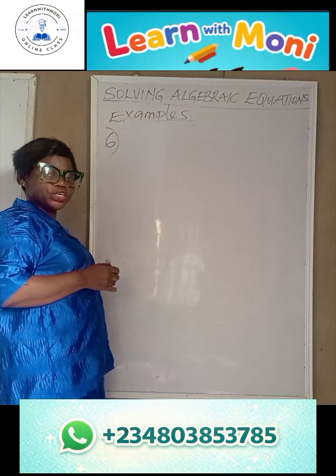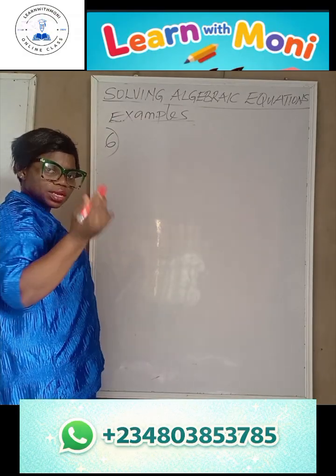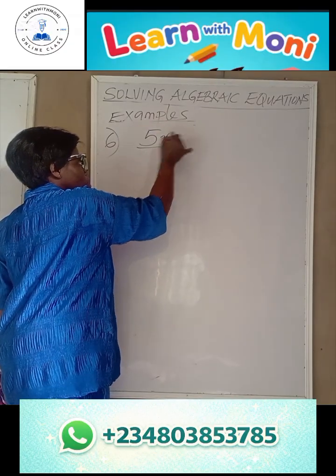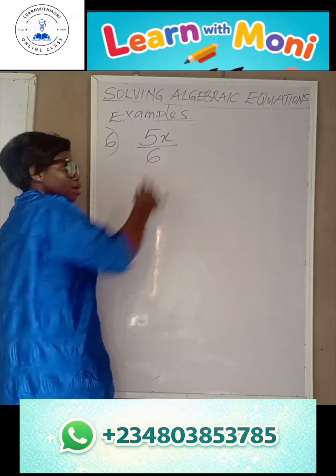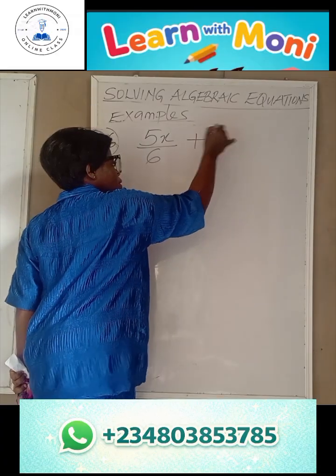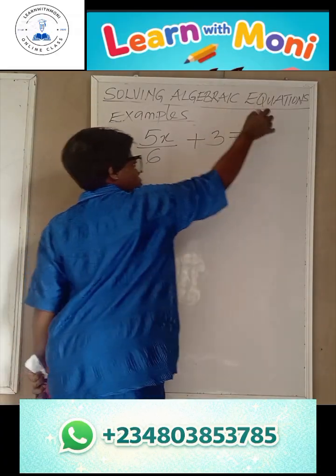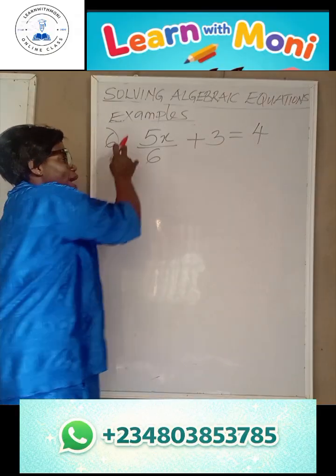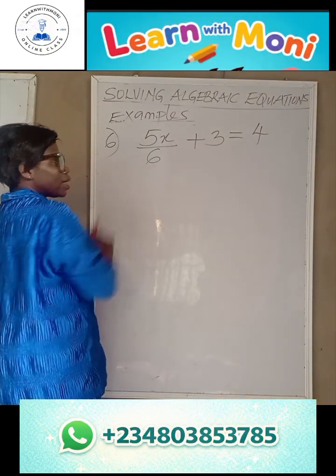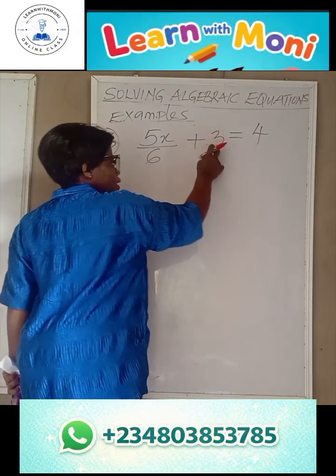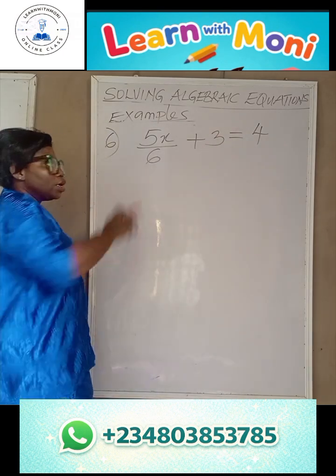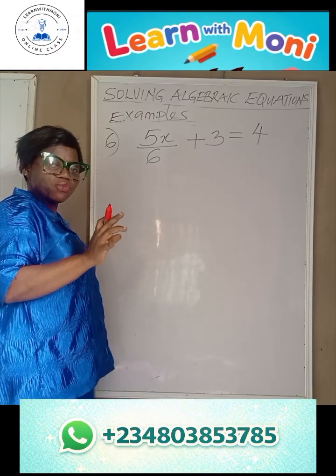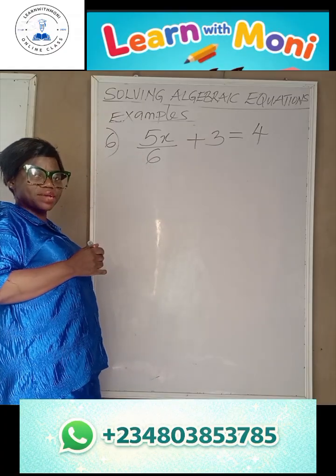Other possible situation is when you have, let's say, 5x over 6 plus 3 equals, let's pick 4. We have 5x divided by 6 plus 3 equals 4. The same way I read the question is the same way I'm going to express it.